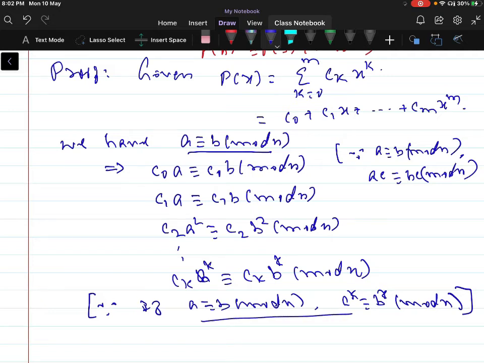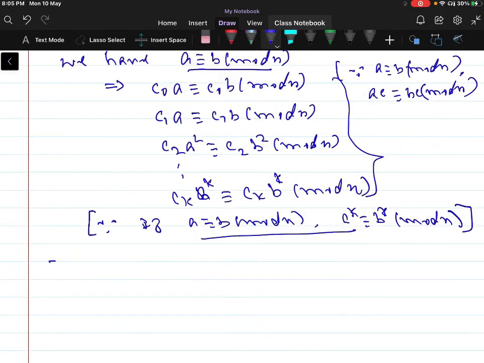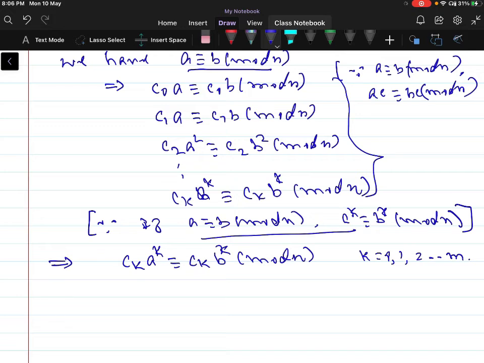So using this result, c_k a power k is congruent to c_k b power k modulo n for k equal to 0, 1, 2, up to m. When k is 0, that is c_0 into a power 0, that is 1, c_0 is congruent to c_0 modulo n also.